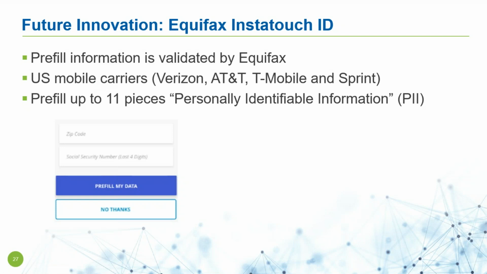And if we do have one, we can pre-fill up to 11 pieces of information. So with just one click by the user, yes, please pre-fill my data, like magic, they're going to get 11 pieces of info: name, address, all their contact information, their social security number. All of that's going to pre-fill for your new member, just like magic.